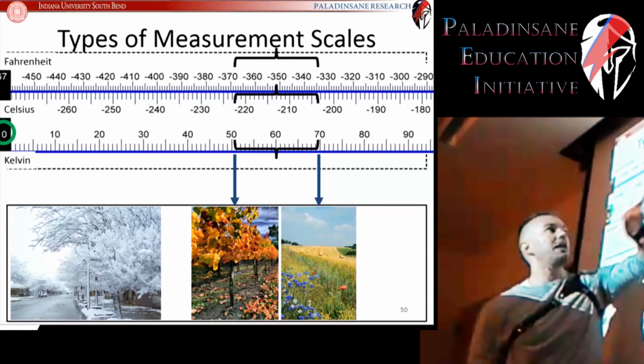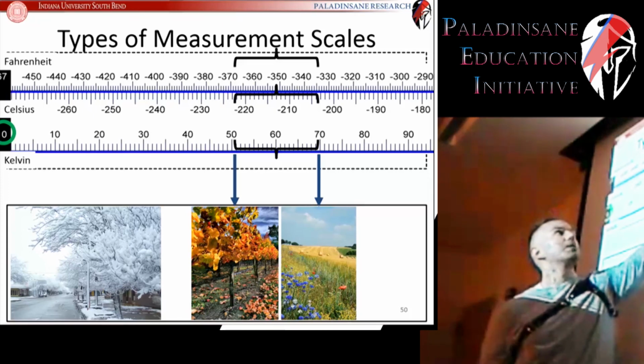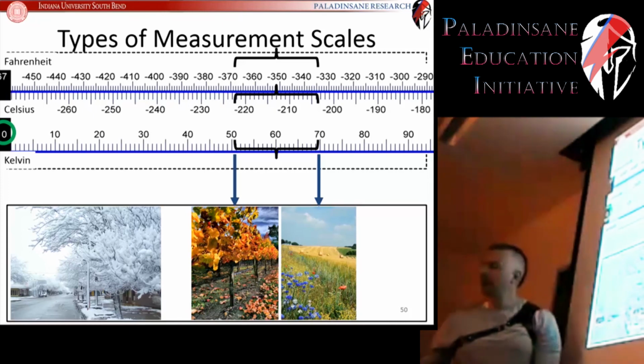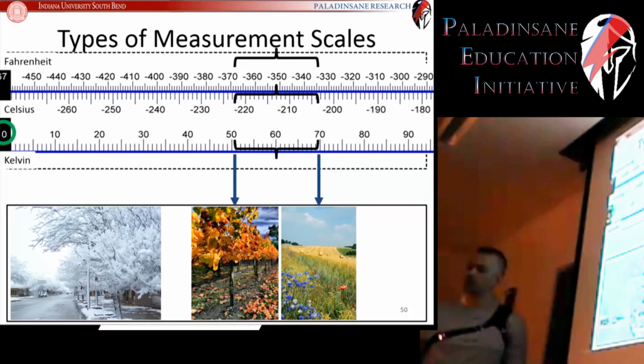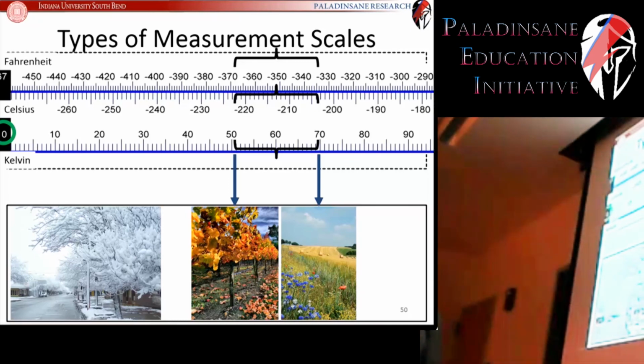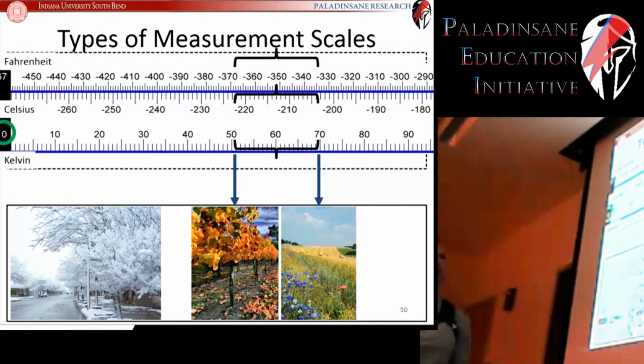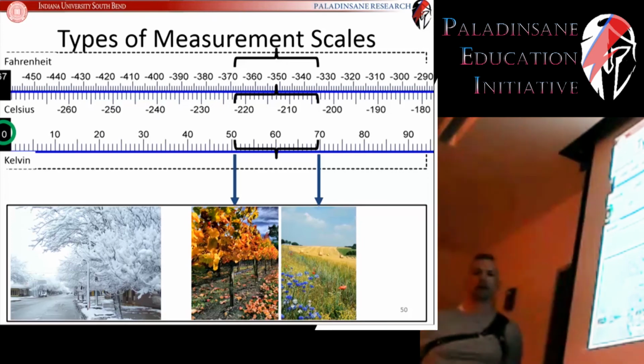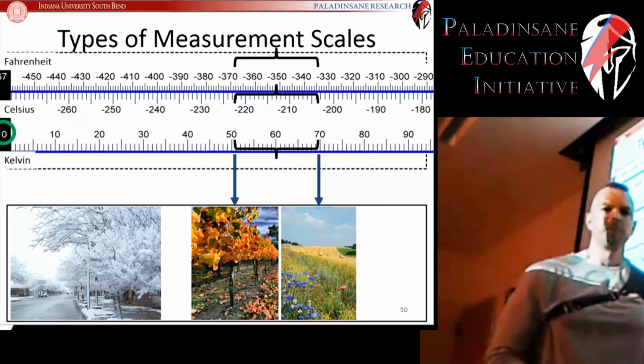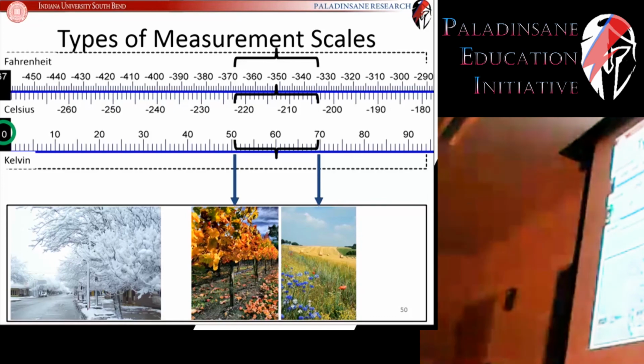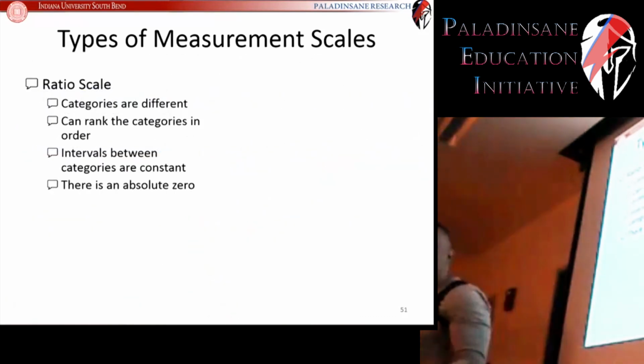You can say that 60 degrees is 20% hotter than 50 degrees, and you'll be correct. It'll reflect the actual true measures of temperature because now we have an absolute 0. All right, so that is the ratio scale.